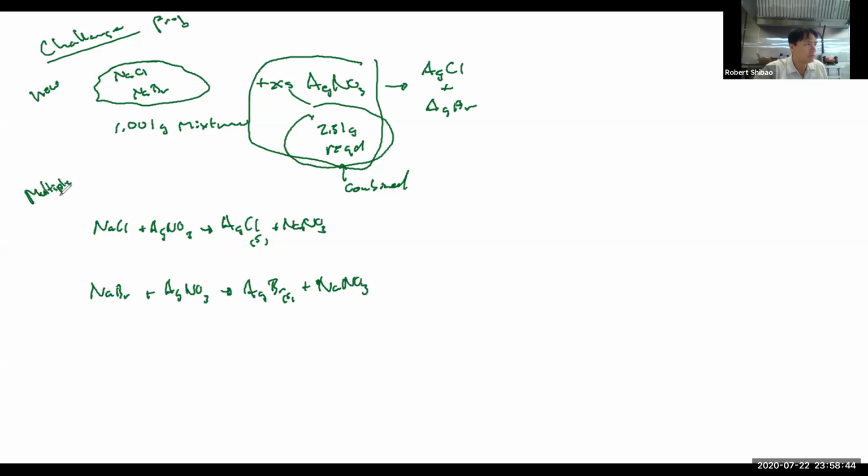Multiple unknown. I need X grams to react with the sodium chloride, and I need Y grams to react with the sodium bromide. And so 2.31 grams is equal to X grams plus Y grams.